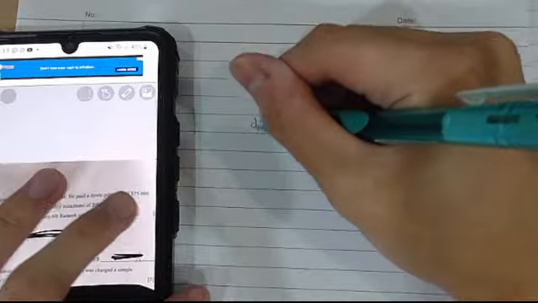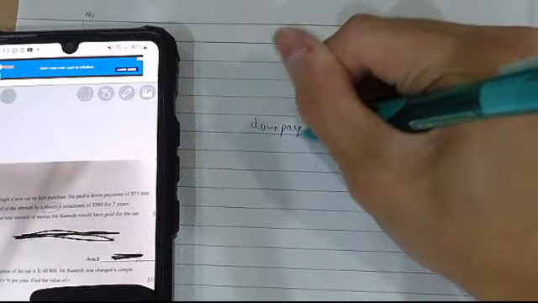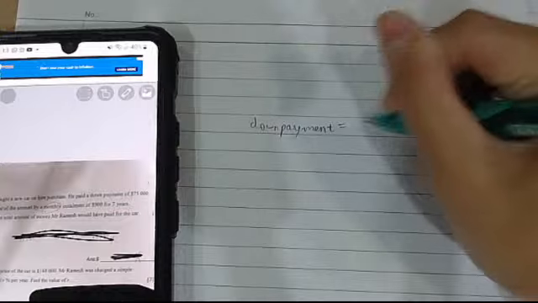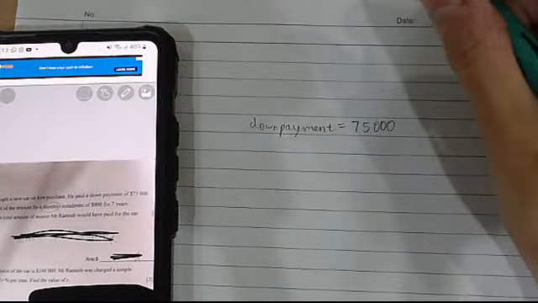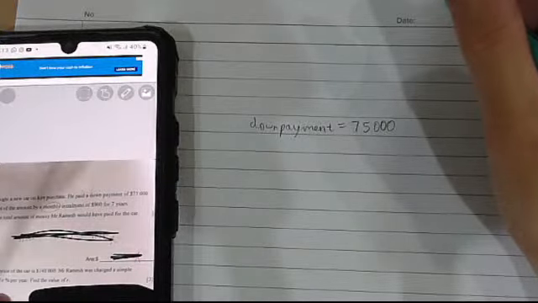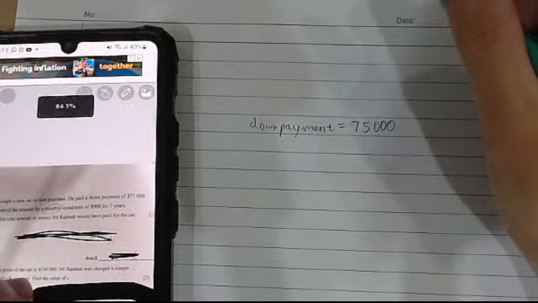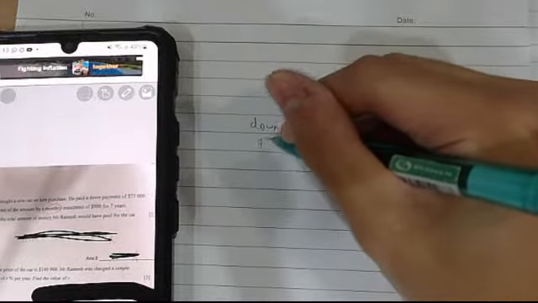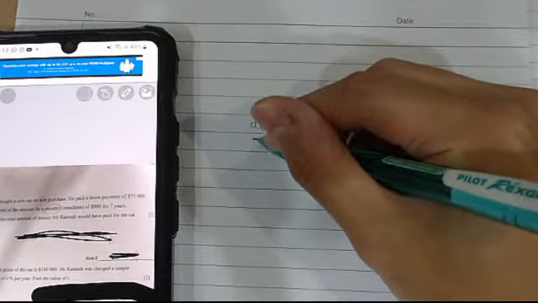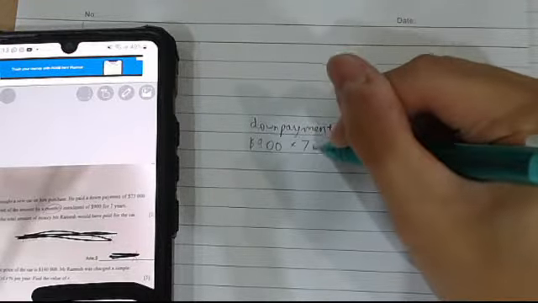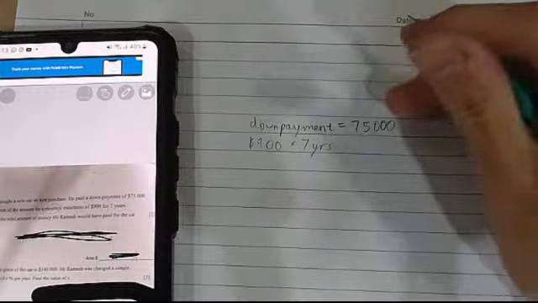He paid a down payment of $75,000, and paid the rest in monthly installments of $900 for 7 years. Oh, wow. $900 times 7 years. Find the total amount of money.